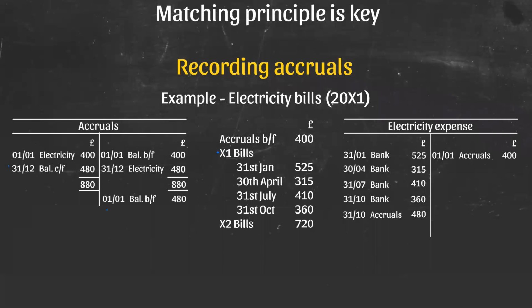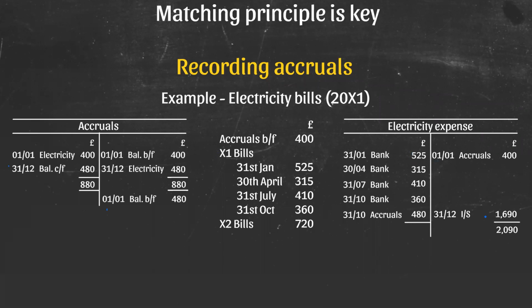The final thing we then need to do here is to account for the income statement impact of this expense, okay? So obviously the income statement shows all our expenses in relation to the electricity for this year. So we can total up all the debits that we've made, but then crucially, we're adjusting this balance for the 400 accrual that has been recognized in the previous year's income statement, okay?